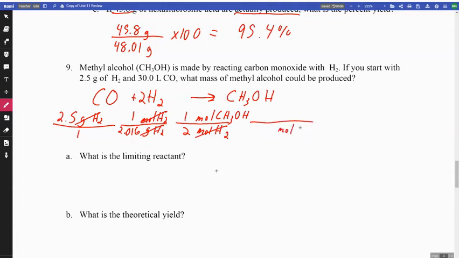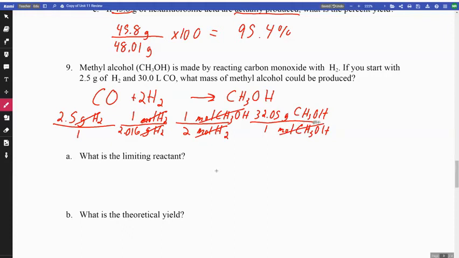That's not where we want to be. Moles on bottom, CH3OH grams on top. 1 next to moles, molar mass next to grams, 32.05. Moles cancel out. We're left with grams. That is where we want to be.